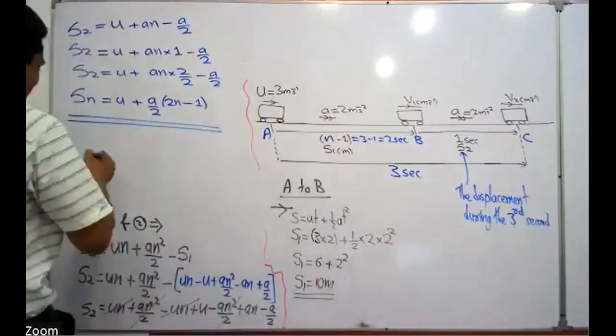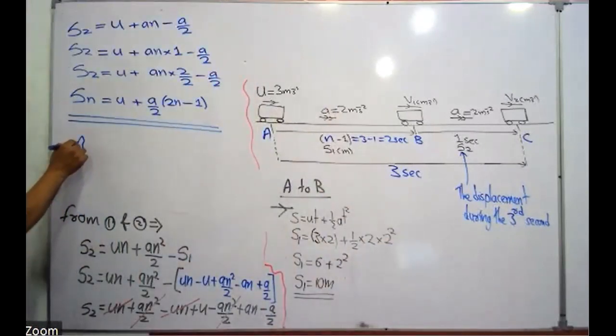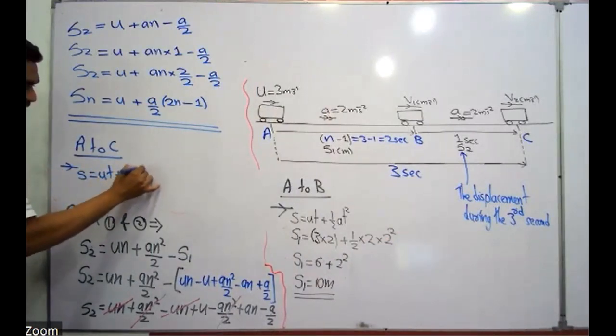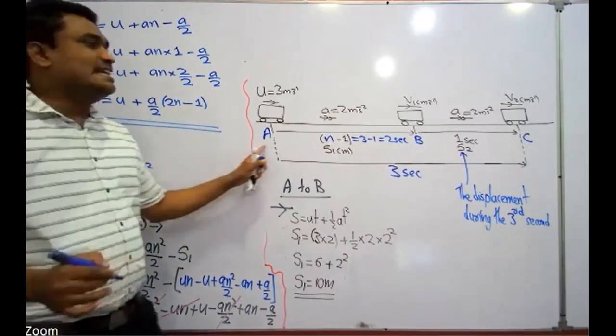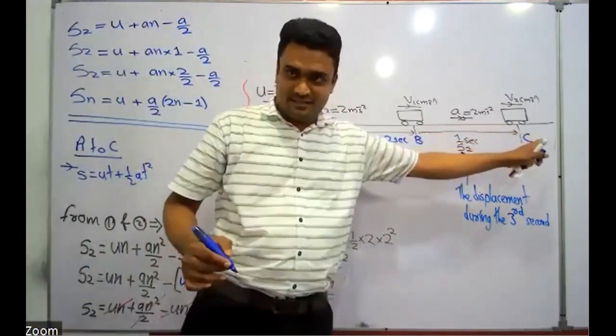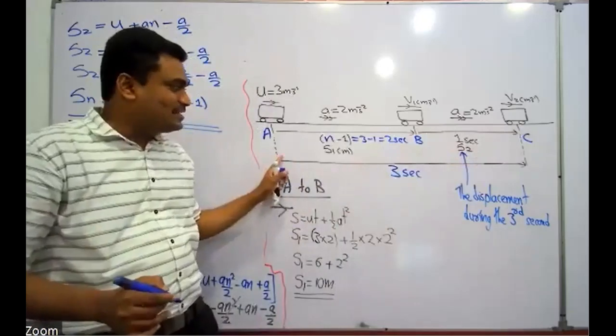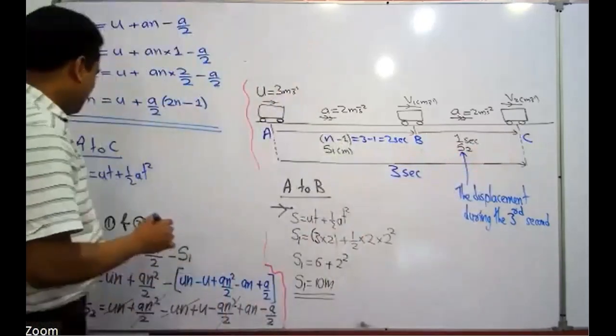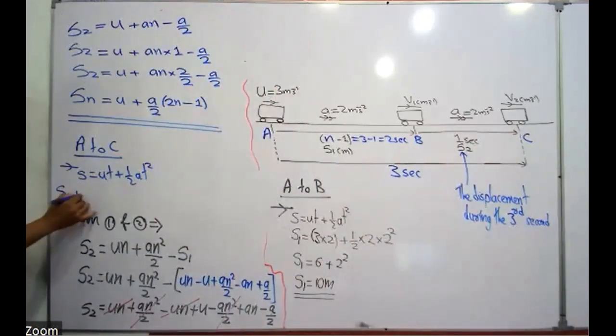Now just apply it for A to C. What's the equation? No need to know the special equation, right? A to C is equal to ut plus half at square. In the AC section, A to C total displacement is S1 plus S2.